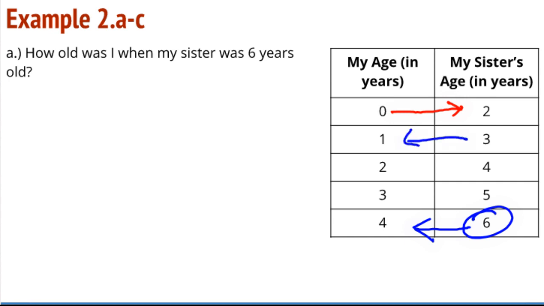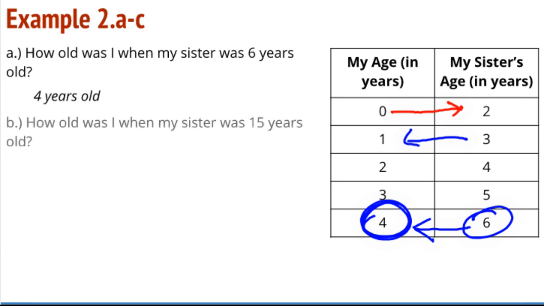So we need to think about what's happening here. Well, when my sister was 6 years old, I was 4 years old. And when my sister was 15, I was 13. Now, of course, the question is, how do we know that?